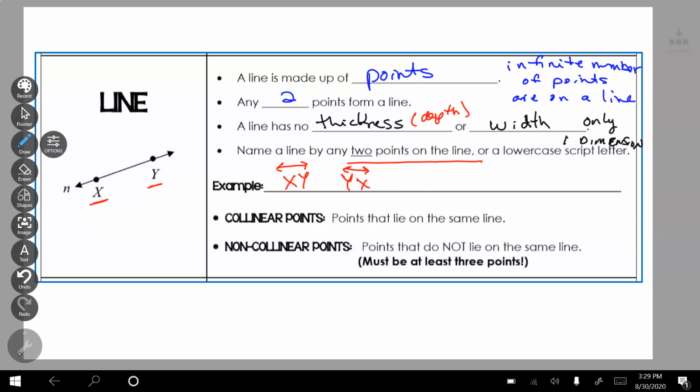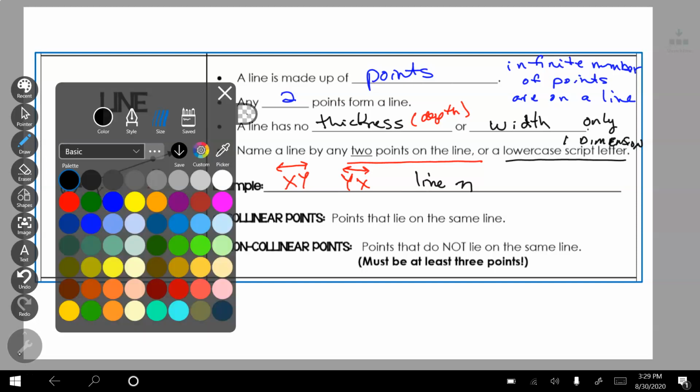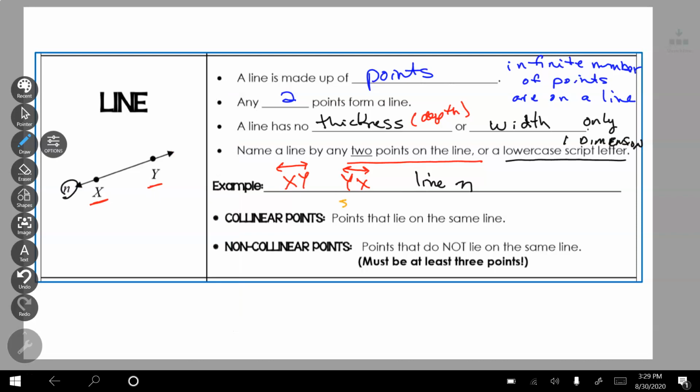We also could have called it this lowercase line n, kind of like a script n. In this example, all 3 of these things represent the same thing. And lines extend forever in both directions. They do not stop.